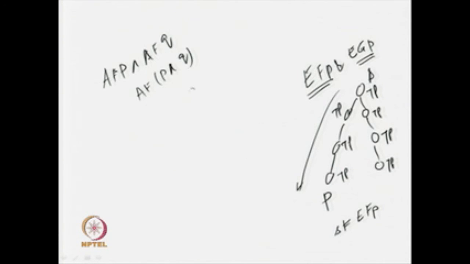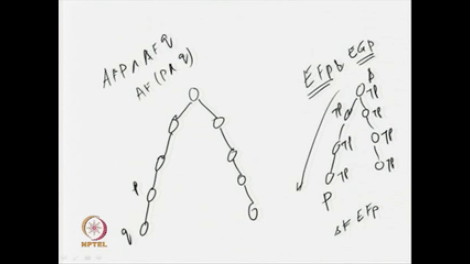Now, you just see that I can look at any model, and check whether these two things are true or not. Just say that P is true over here, Q is true over here, say Q is true over here, P is true over here. Then what will happen?